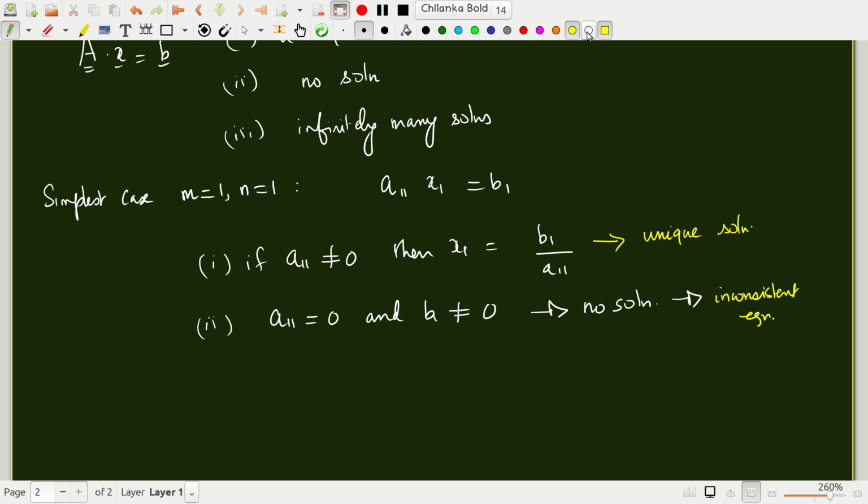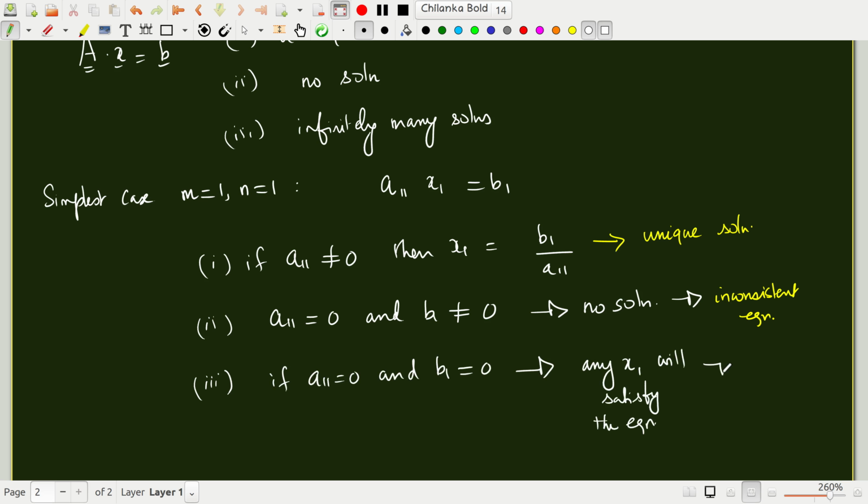Now finally, if both a11 is 0 and b1 is 0, then any x1 will satisfy this equation. So this means you have infinitely many solutions.